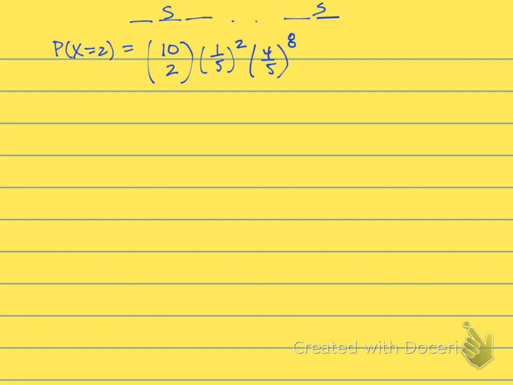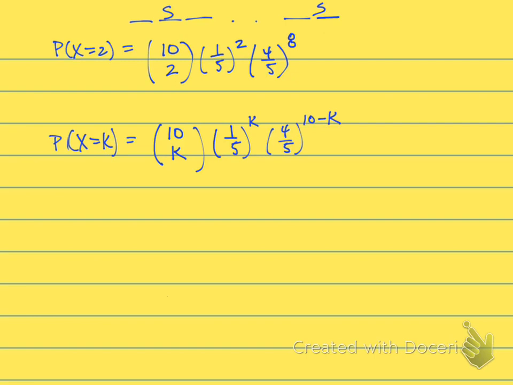Okay, let's see if we can generalize it. What if I say the probability x equals k? That is exactly k successes. Well, that means of the 10 slots, I'm going to choose where the k's go. How many? I have k successes, so of the 10, choose where those k's go, which means I have 1/5 k times in there, and I have 4/5 the rest of the time.